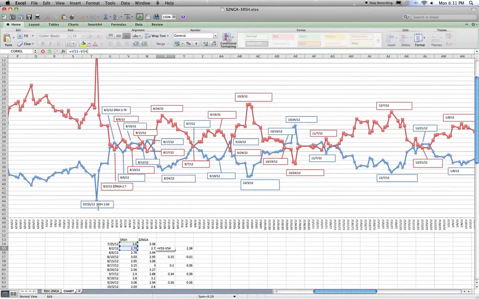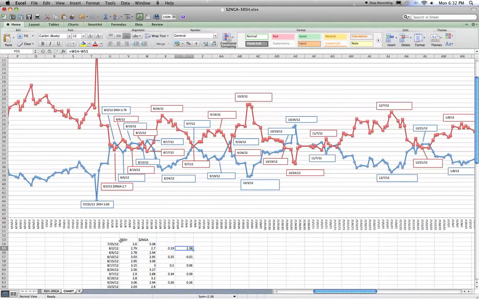So if we would have bought Radio Shack on July 25th, it would have cost us $2.60 per share. And if we would have sold it on August 2, the closing price was $2.79. So in that sense, we have pocketed 19 cents.